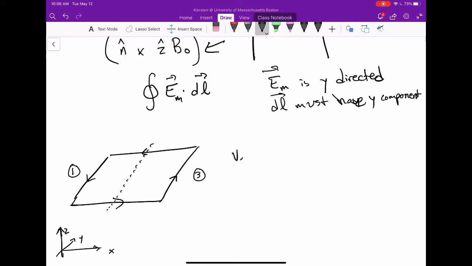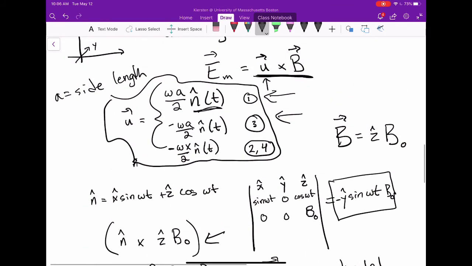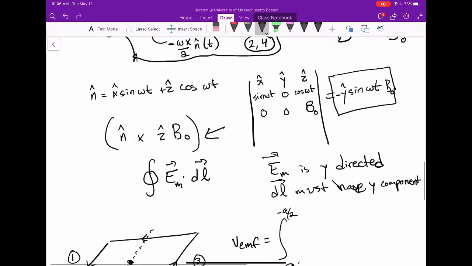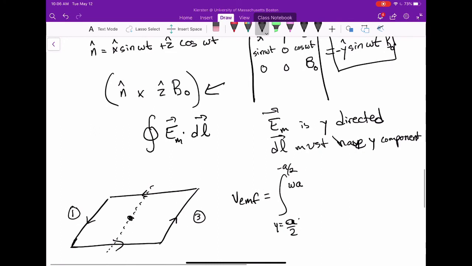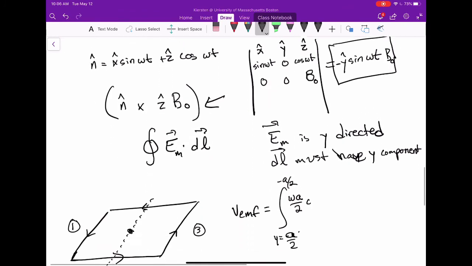So VEMF is going to be the contribution from side 1, which is going to be the integral from y equals a over 2 to minus a over 2 of, what's my expression for the velocity? Okay, omega a over 2 n hat.